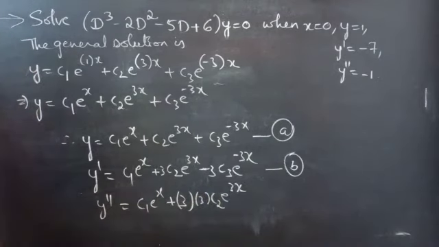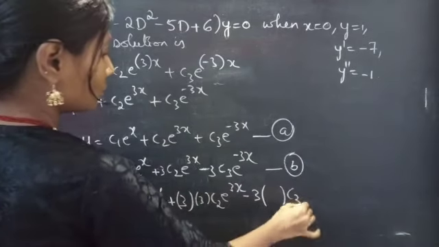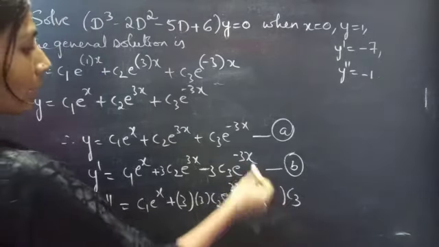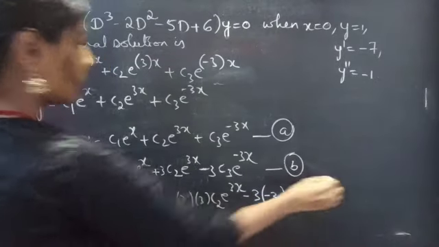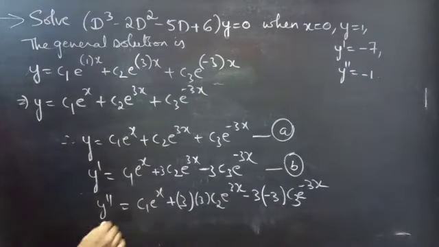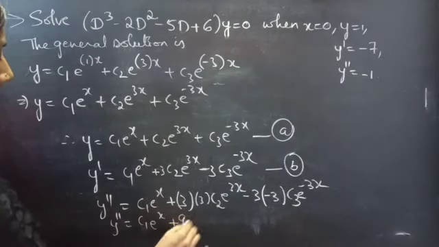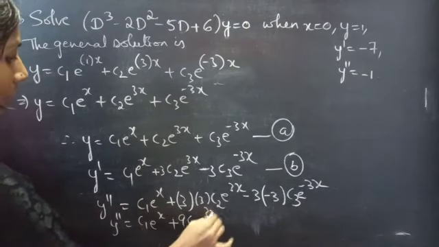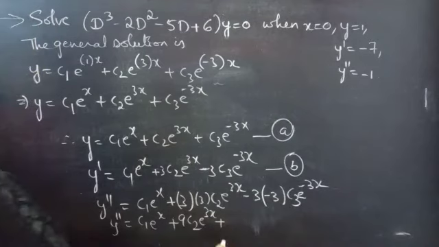Constant remains the same, minus 3 into derivative of e power minus 3x is minus 3 into e power minus 3x. From this you'll get y double dash equals to c1 e power x plus 3 3s are 9 c2 e power 3x.